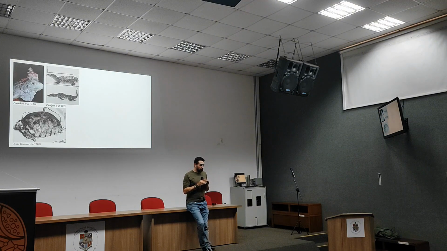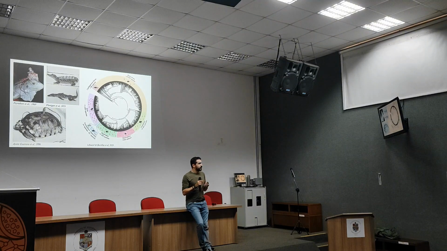If we go a bit more across other species, reptiles are very interesting. Reptiles, squamates, turtles, crocodilians, are very interesting because they share a common ancestor with mammals and birds.